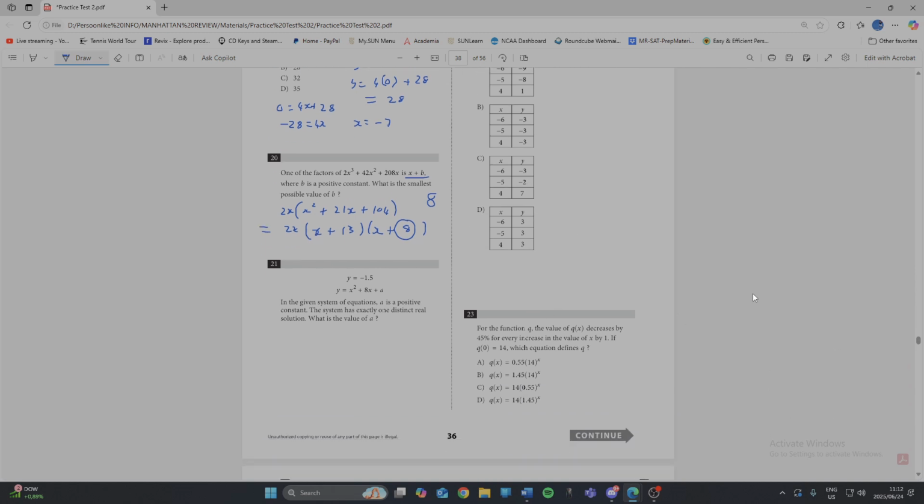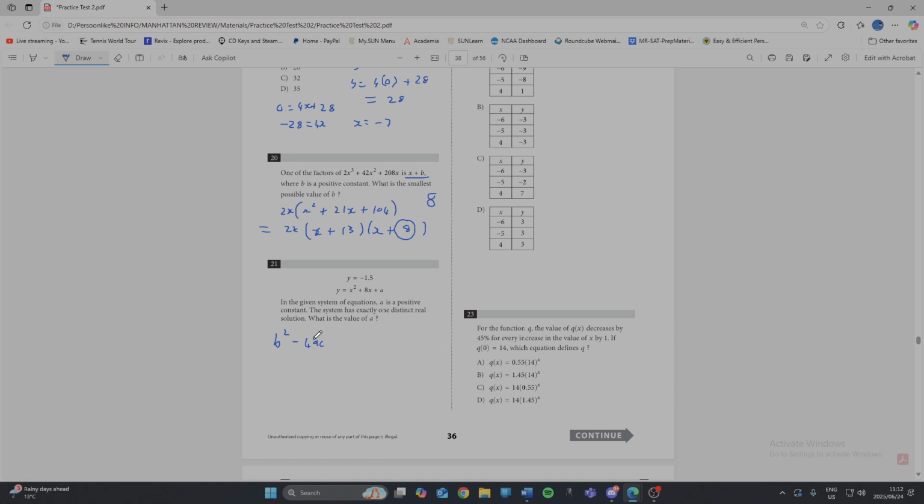Okay, 21. For 21, we would have to be familiar with the topic of the discriminant. A discriminant is basically just the equation b squared minus 4ac. There are different conditions to a discriminant, and I would encourage you to try and memorize this.